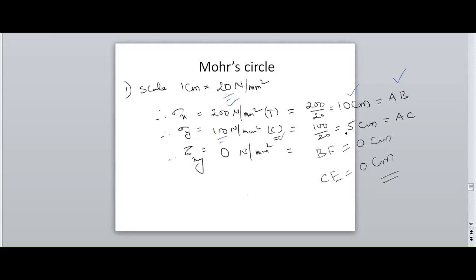Therefore it is 5 centimeters. The distance is AC. And tau xy is not given in my problem. Therefore, it is 0. Therefore, BF and CE are also equal to 0. So the procedure begins again.